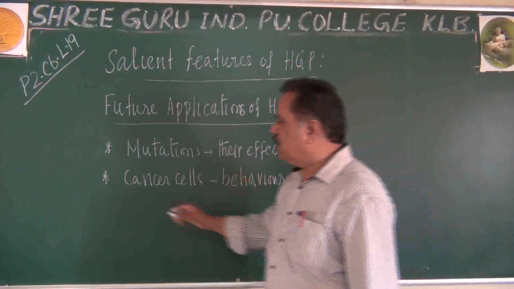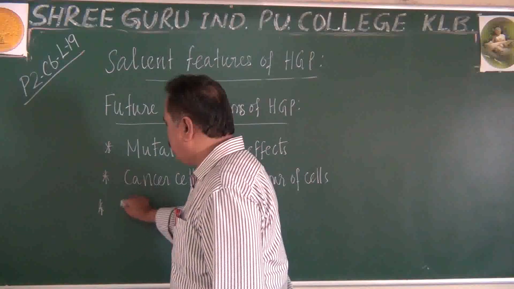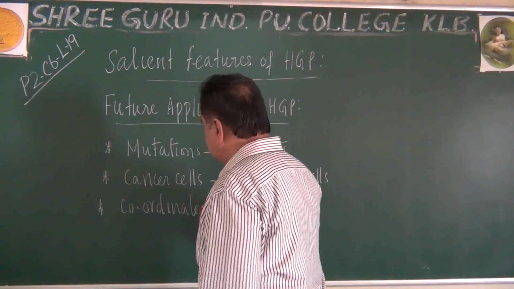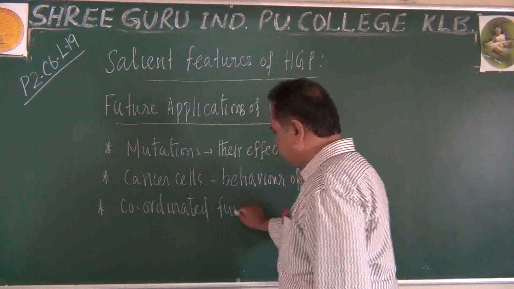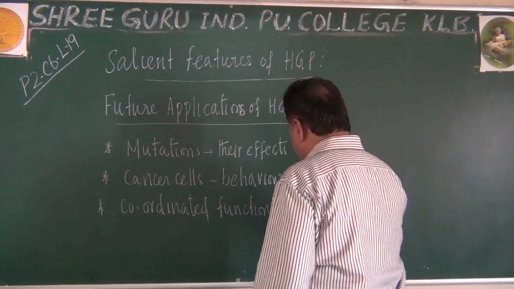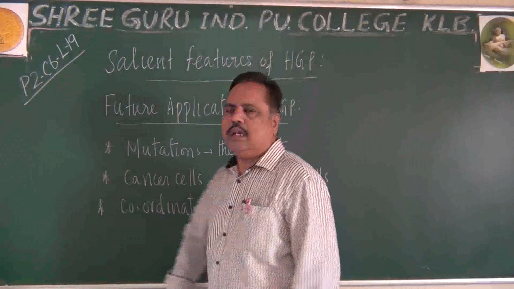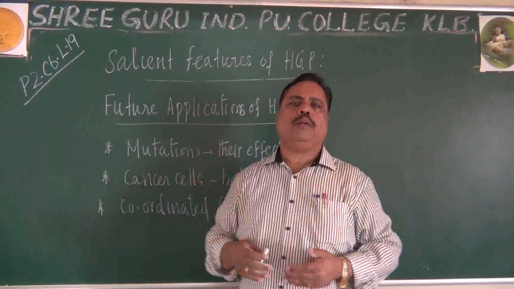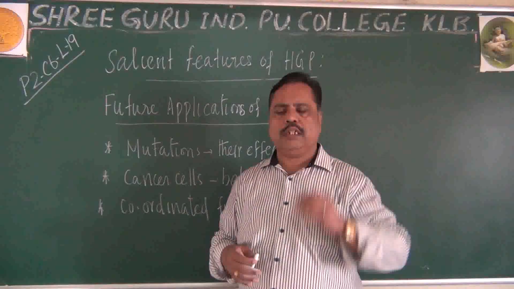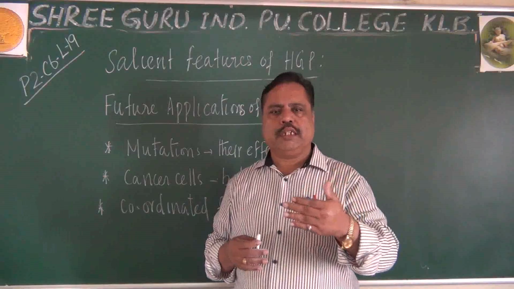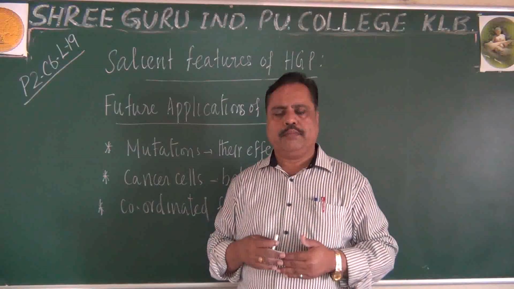Not only this one, the coordinated functions of cells can also be identified by the knowledge of this project. You remember in physiology, we have studied digestion, respiration, excretion, everything.